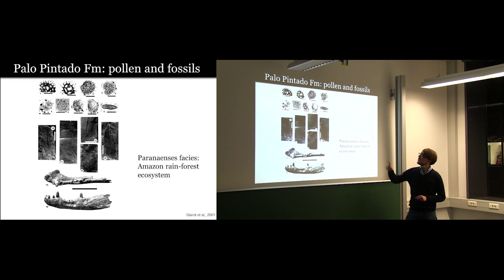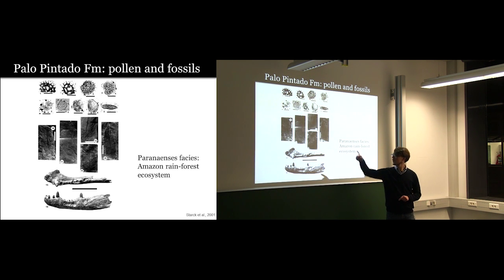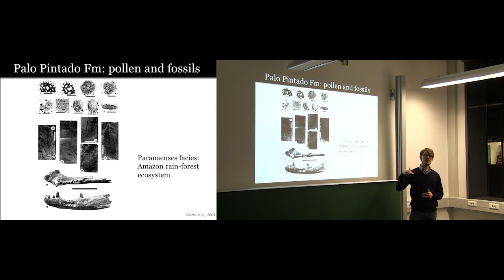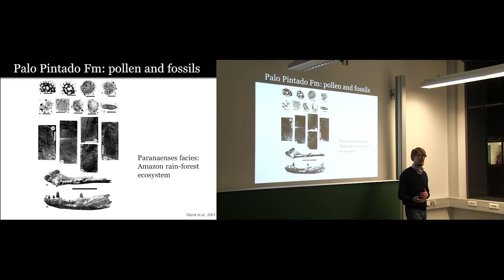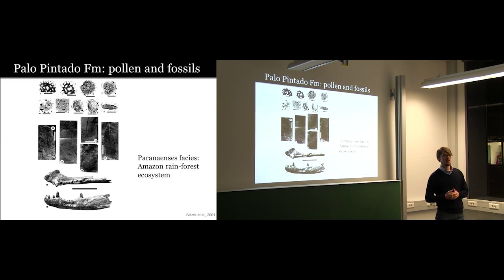For example, they found alligator fossils that indicate that this area was not higher than 500 meters in the past, but also a lot of leaf imprints and pollen data that suggest a similar vegetation as what you find today in southeast Brazil at very low elevation, not more than 500 meters. So this is already very consistent with a low elevation setting as the Palo Pintado formation was depositing.